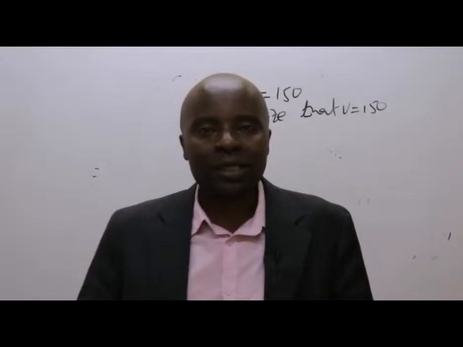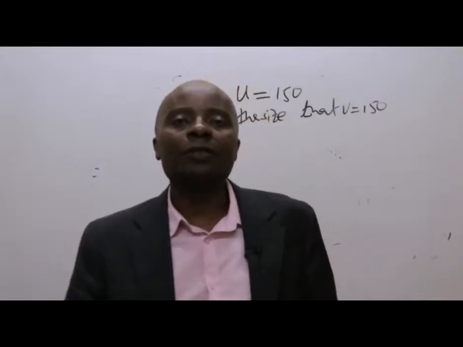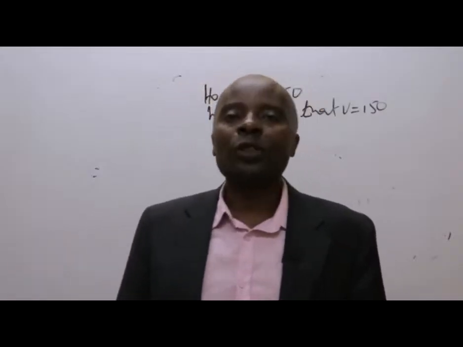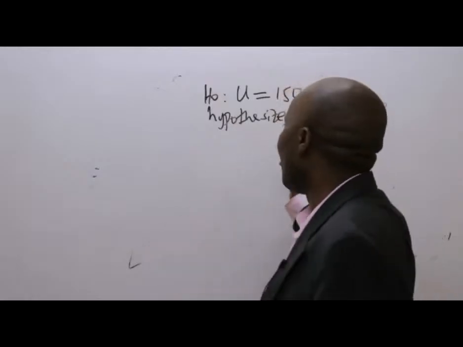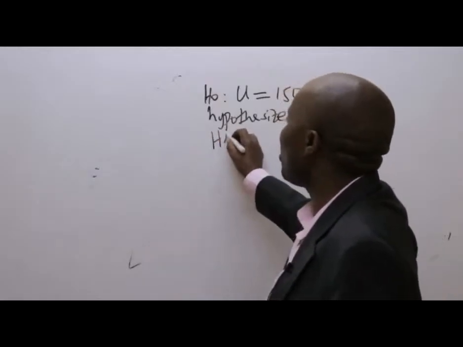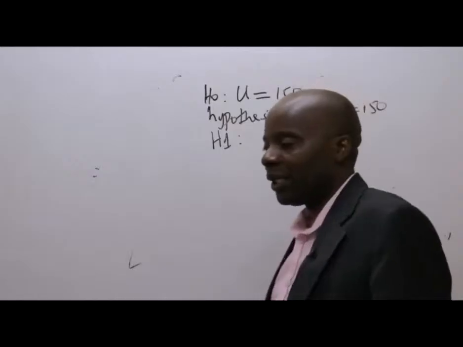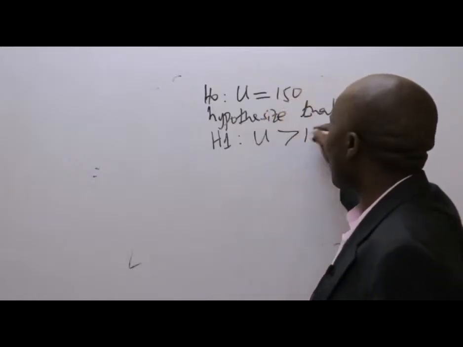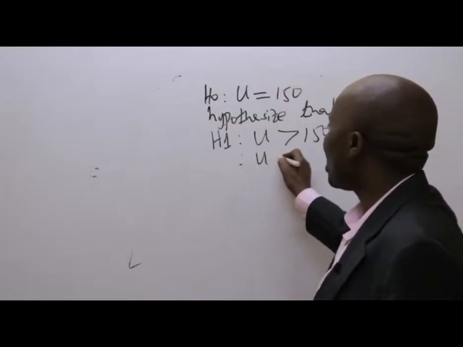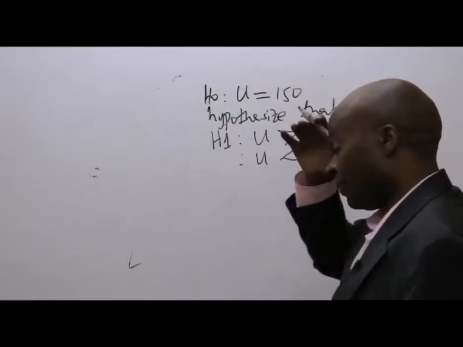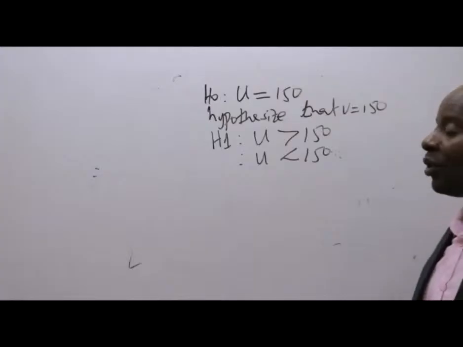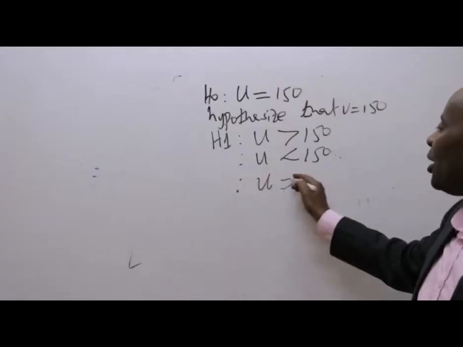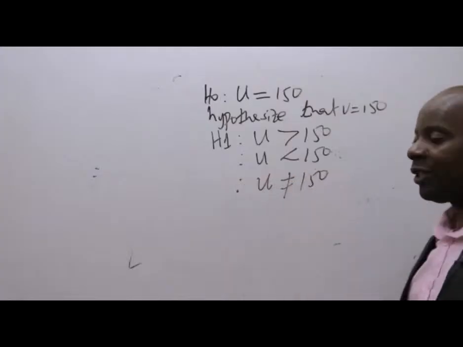And for us to test this, we need an alternative. For the alternative, which we'll be calling H1, there are three possibilities. Either you tell us U is more than 150, or U is less than 150, or U is not equal to 150.